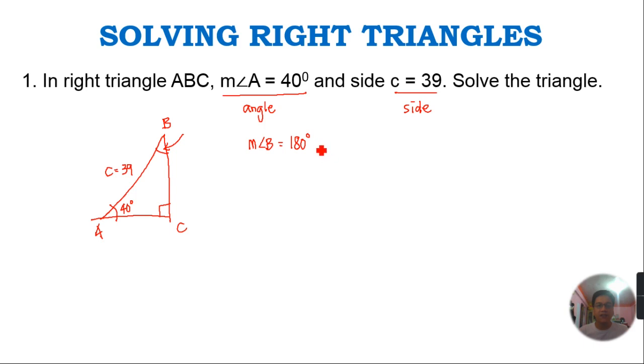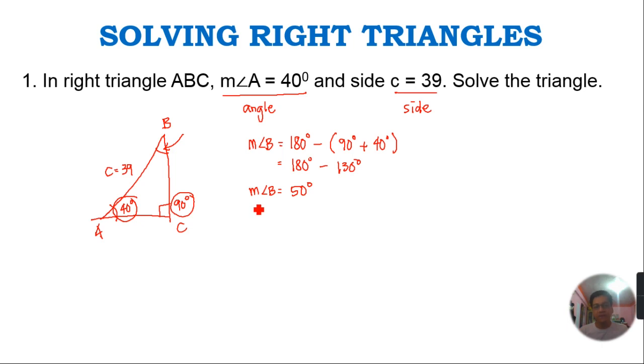This will be 180 degrees minus, you are given already 90 degrees here, and also you are given 40 degrees. So what is the remaining measurement then? We just add 90 degrees plus 40 degrees. So that is 180 degrees minus 130 degrees. We say that the measure of angle B is equal to 50 degrees. So that's our first measurement.